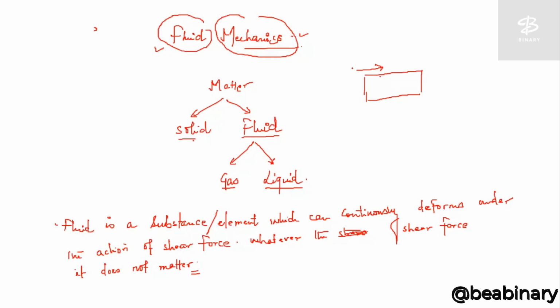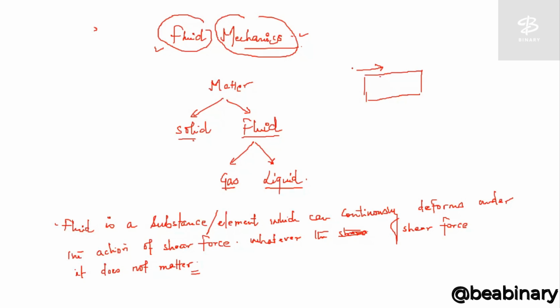Up to a certain force, the duster's shape and size are retained, but after exceeding that force, the shape and size of the duster may change. So it depends upon the material of the solid. Up to a certain limit it can sustain the force, but a fluid cannot sustain any force. When the force is applied to the element, it starts deforming.